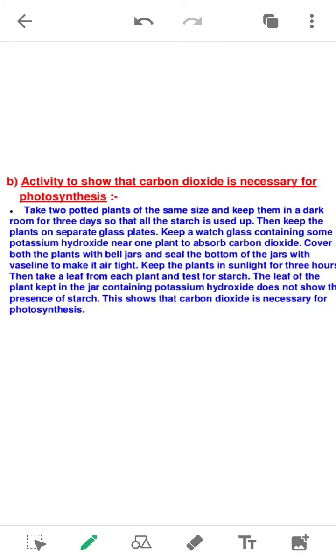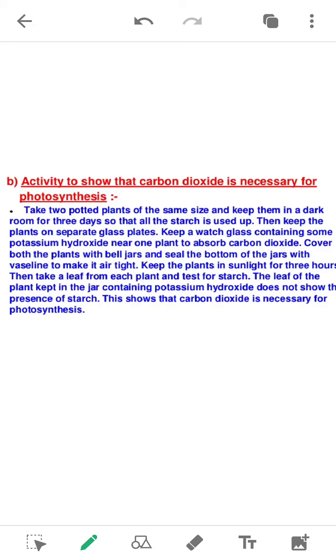Now, let us perform another activity to show that carbon dioxide is necessary for photosynthesis. Take two healthy potted plants which are nearly the same size. Keep them in a dark room for 3 days. Now place each plant on a separate glass plate.